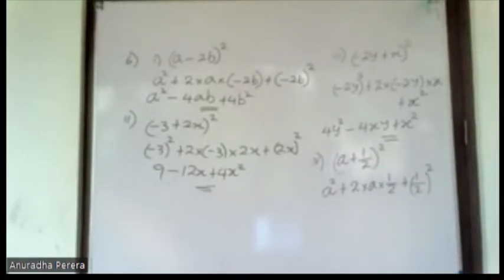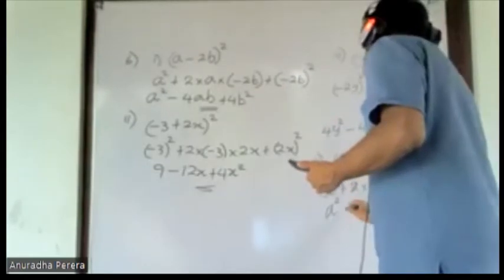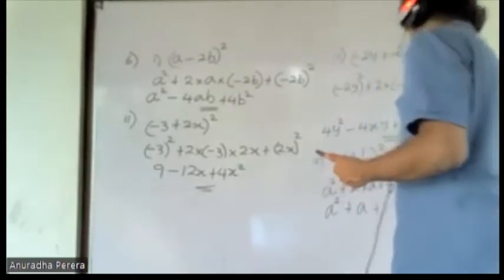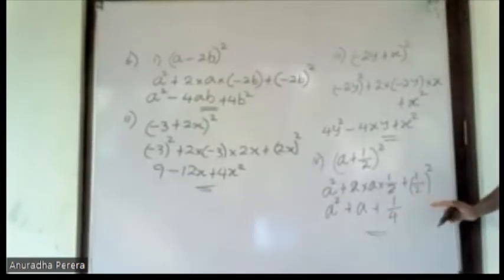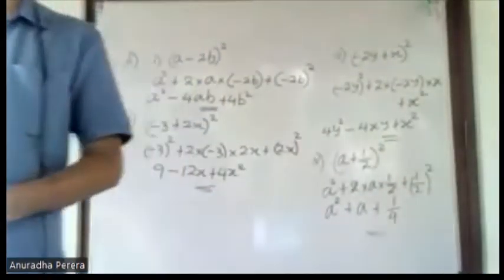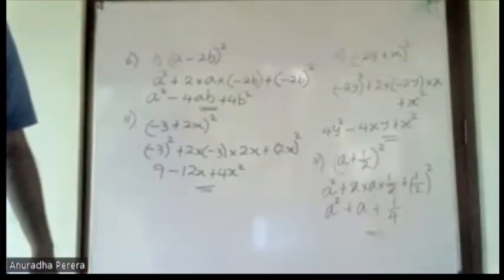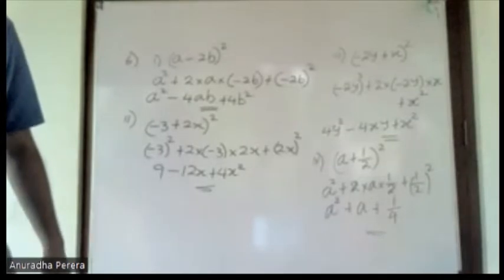Yes, a squared plus a plus 1 over 4. When considering the square of this half, we have to consider the square of both 1 and 2. 1 squared 1, 2 squared 4.